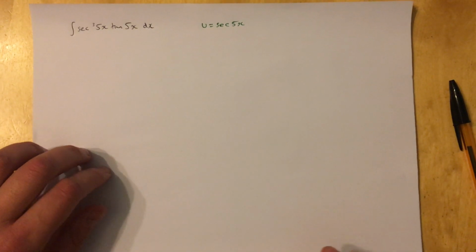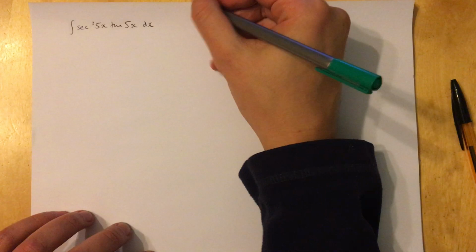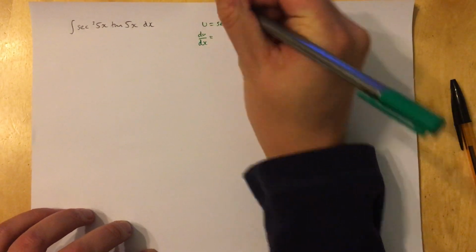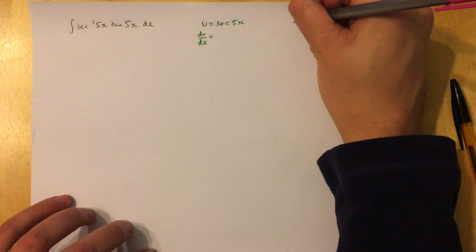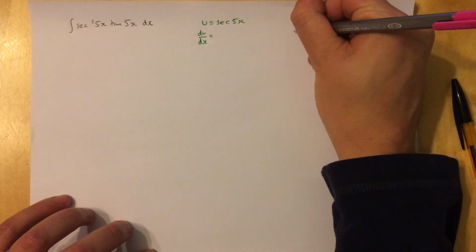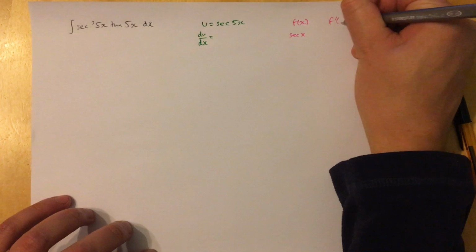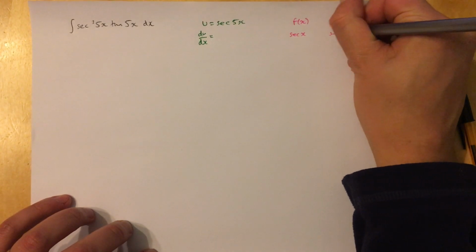Now I can already hear some of you panicking, thinking we're going to have to differentiate sec there, and I can't remember what the derivative of sec is. Don't forget that if you look in your formula booklet, you will see that if f of x is sec x, f dash of x, so the derivative, is sec x tan x.